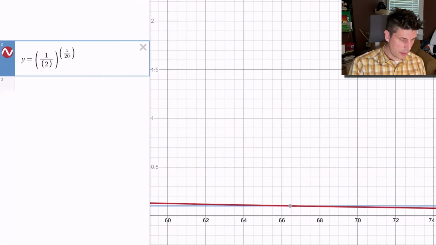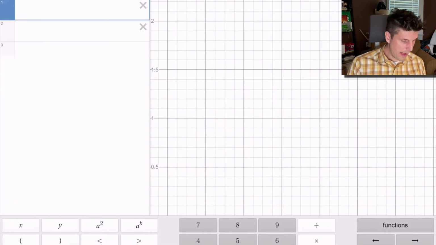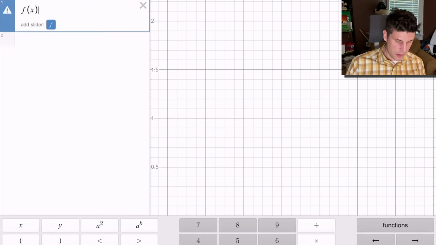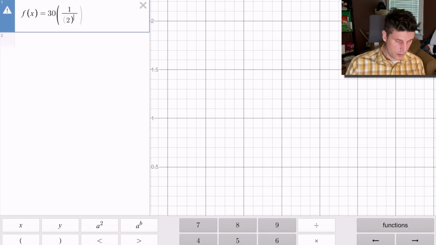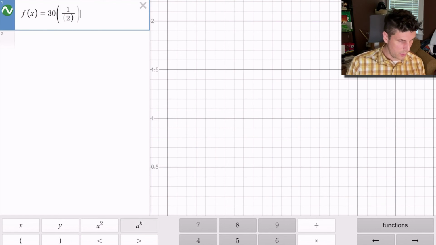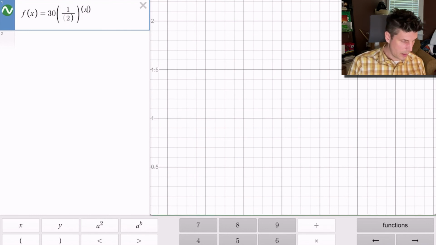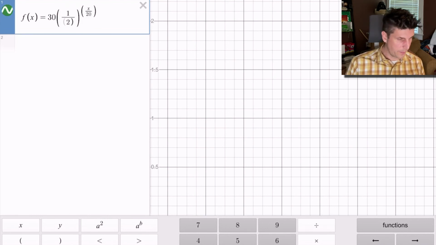So let's graph that. So let me erase what's here. We're going to graph y equals, you know what could even be more fun? Let's go f of x equals 30 times 1 divided by 2 to the x divided by 20 power.